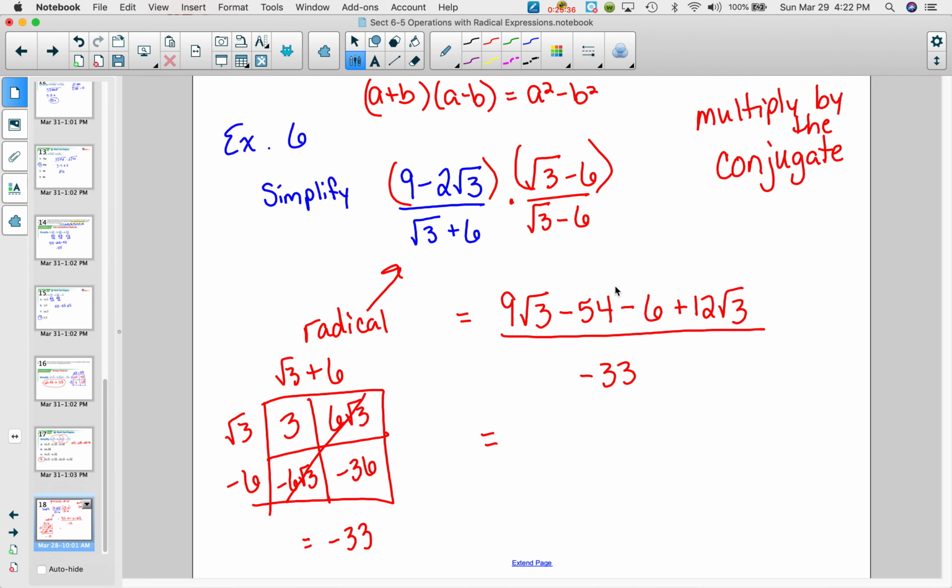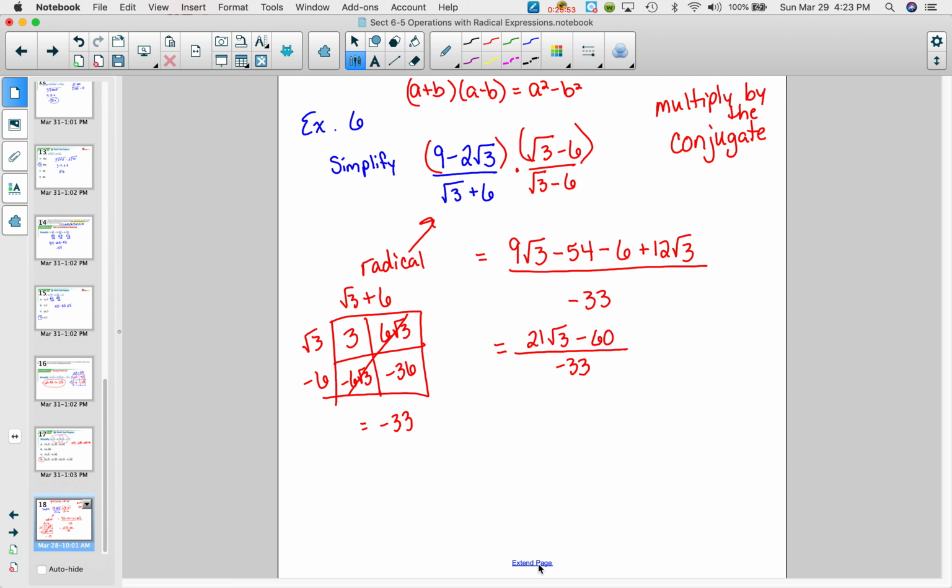So we can do a little bit more because we can simplify. I have 12 plus 9 is 21 root 3. Negative 54 minus 6 is going to give me a minus 60 over a negative 33. Now, I'm okay if you left it like that. It's a little awkward because typically we don't like to leave a negative here.